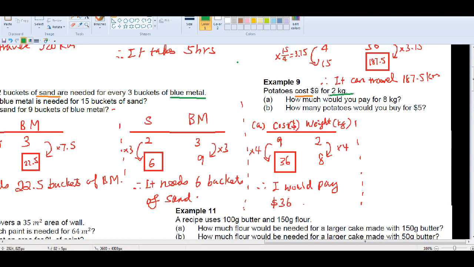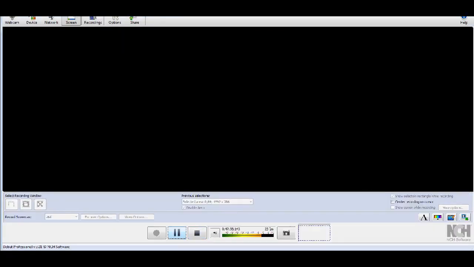So another situation is that if you are going to buy 8 kilograms, how much are you going to pay? So you need to compare the two sets of values, right? From 2 to 8, you multiply by 4. And then on the other hand, 9 times 4 as well. So you need to times the same factor for 9. You got it to 36. Alright, so if you are ready, then pause the video, try part B as well.